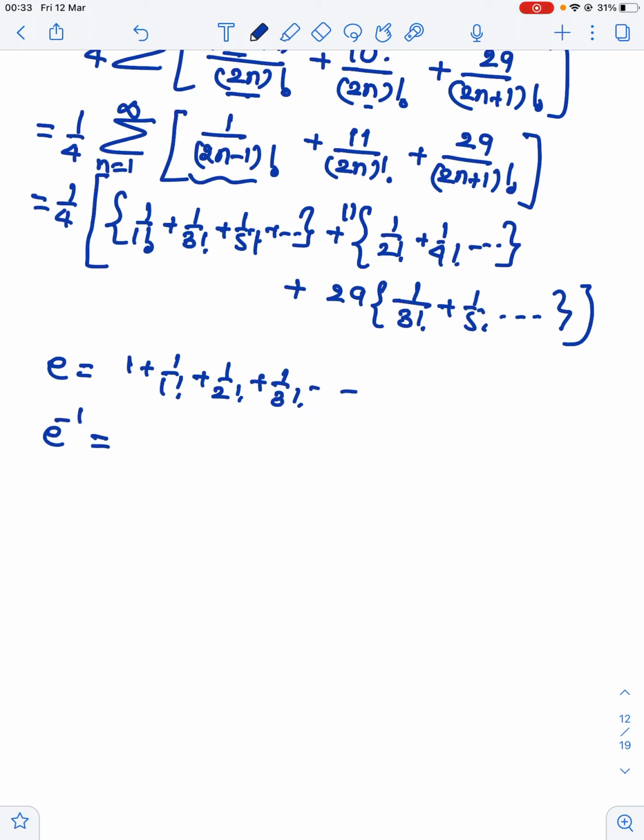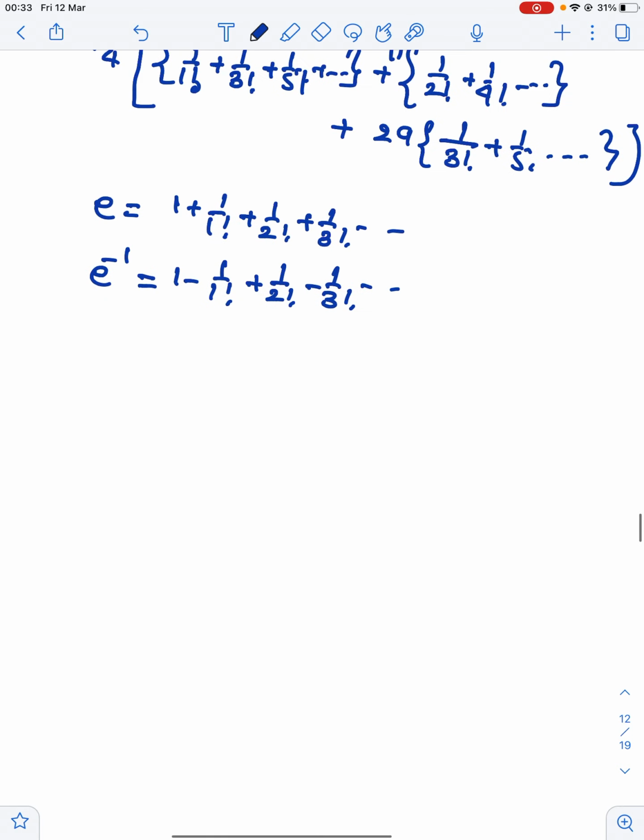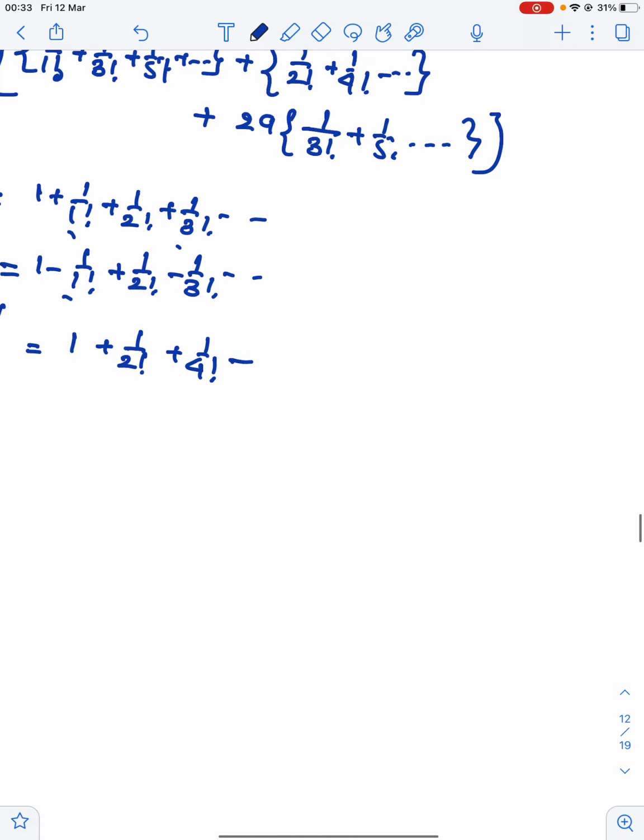While e to the power minus 1, putting x equal to minus 1, is 1 minus 1 upon 1 factorial plus 1 upon 2 factorial minus 1 upon 3 factorial, and so on. So these two will give us e plus e to the power minus 1 by 2. When you add e and e to the power minus 1, the odd factorials cancel. So this becomes 1 plus 1 upon 2 factorial plus 1 upon 4 factorial, and so on.